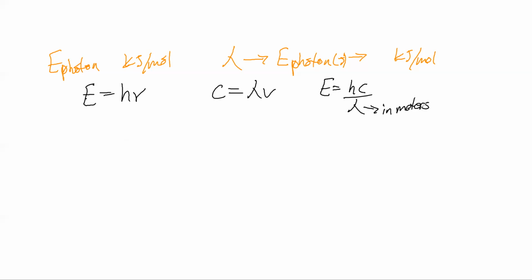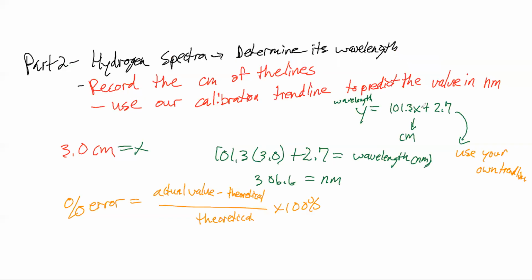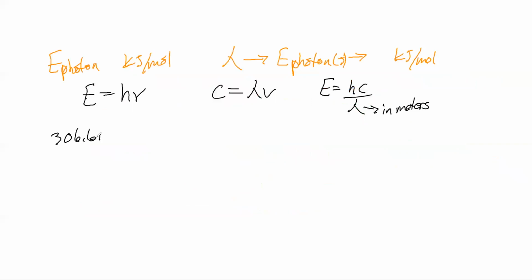So we know that we have a wavelength of 306.6 nanometers. And I can find its energy by plugging that in. And you multiply it by 10 to the 9 nanometers, 1 meter. I can plug that into my equation.